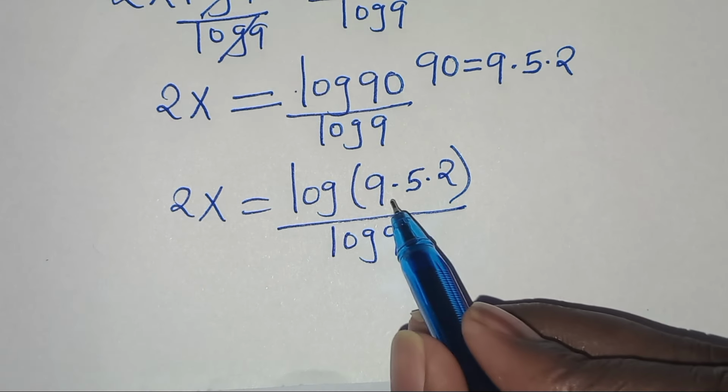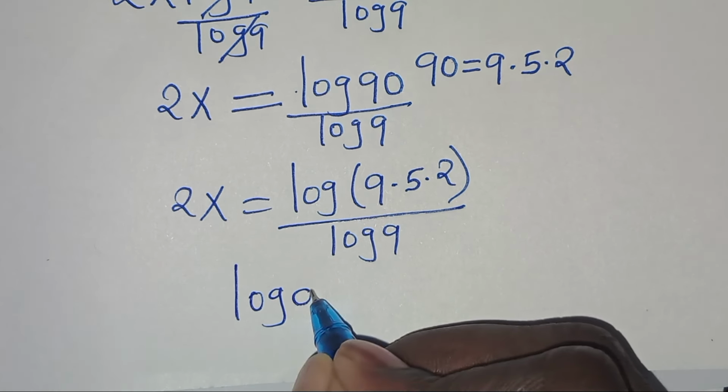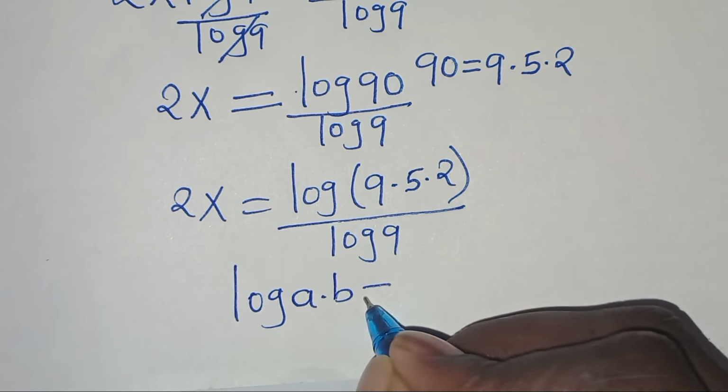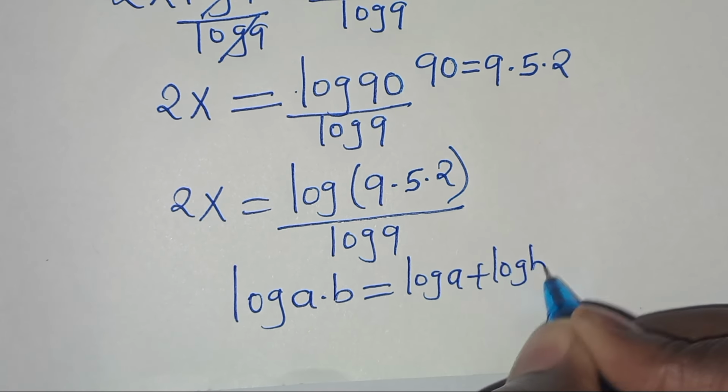We have that log 9 times 5 times 2 is in the form of log a multiplied by b, which can be expressed as log a plus log b.